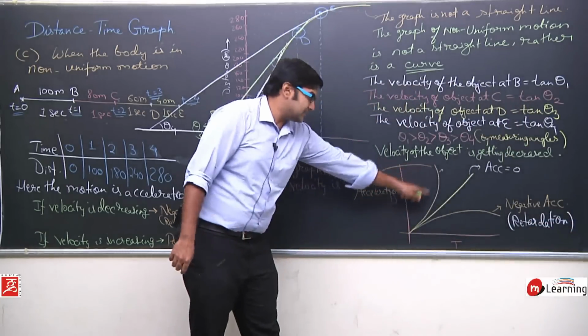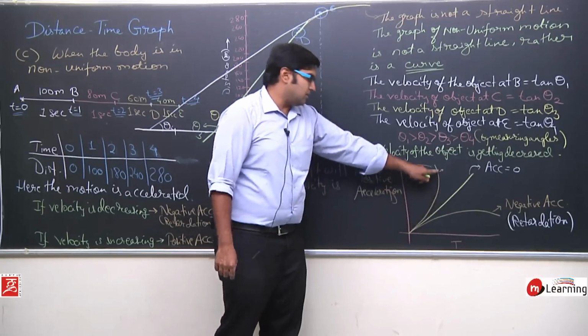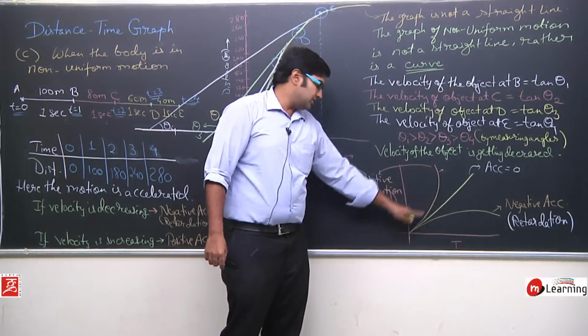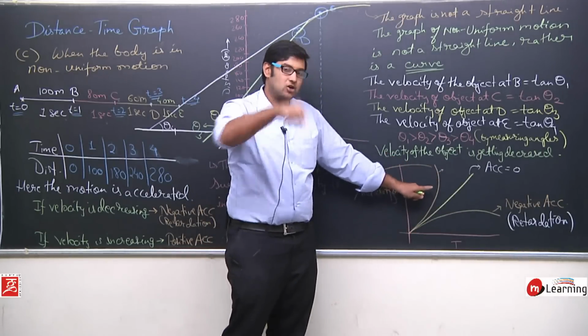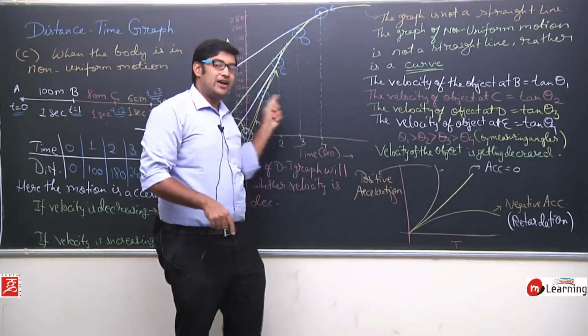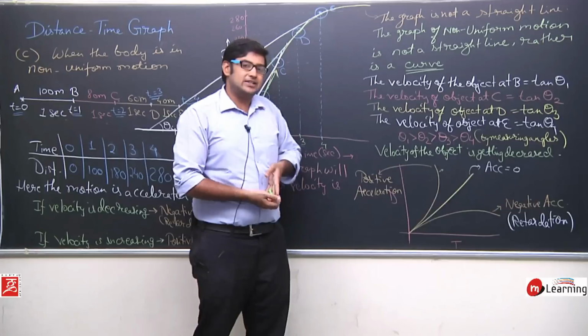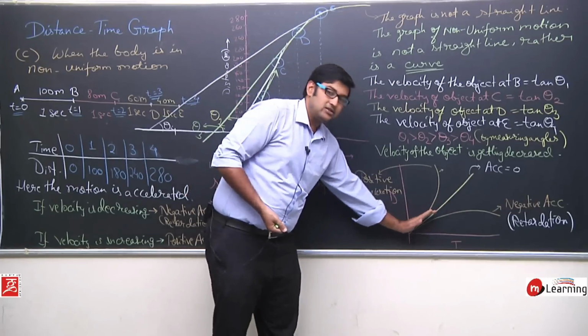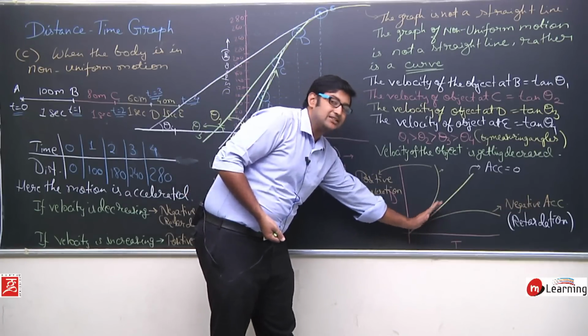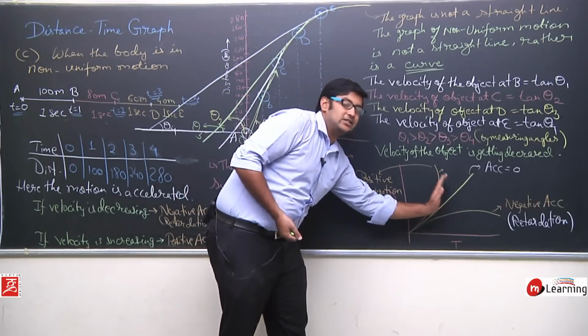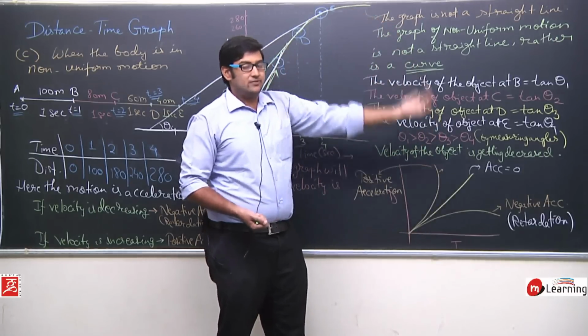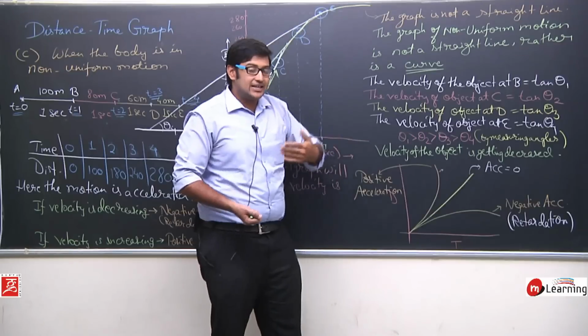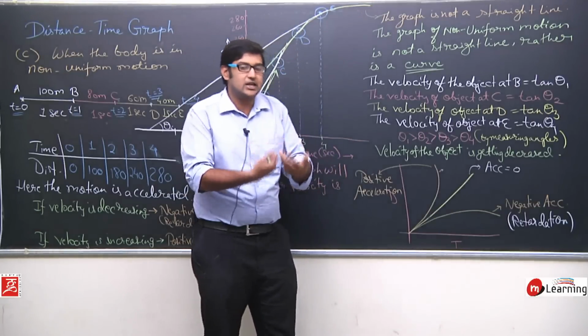Okay, now why this curve? Because at n number of points on this curve, when you select some points and draw the line like this, you will find the angle is getting increased, and you can observe it. The angle at this point is something like this, and then like this, and then like this. So the angle is getting increased. If the angle is getting increased, the object is getting accelerated, its speed is getting increased.